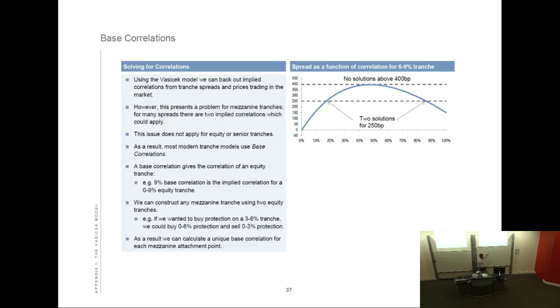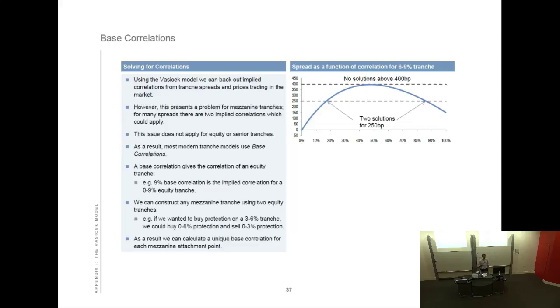Initially it's increasing, because initially the effect of the first equity tranche dominates, but then later on it becomes decreasing because the effect of your second equity tranche dominates. And that's why your tranche spread or your tranche price of a mezzanine as a function of correlation has this hump, which means you effectively can't find a unique solution of correlation to match any given price.